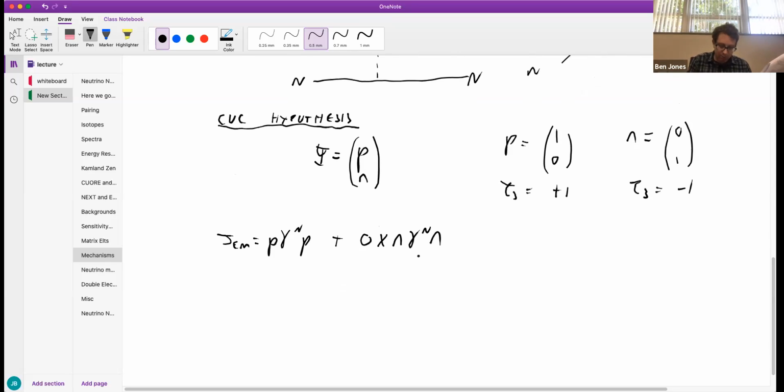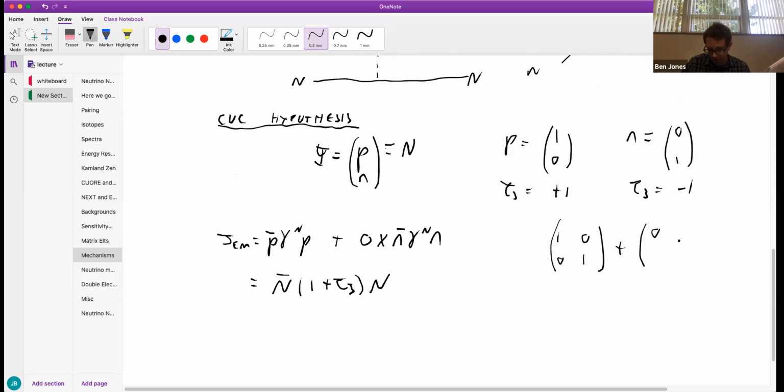And so if we arrange these protons and neutrons into an isospin vector like this, we call this N for the nucleon, okay, then the electromagnetic current here is going to have the form N bar (1 plus tau 3) N. Okay, because 1 plus tau 3 is like (1, 0; 0, 1) plus (1, 0; 0, -1).